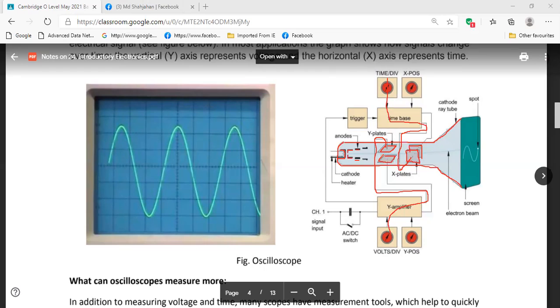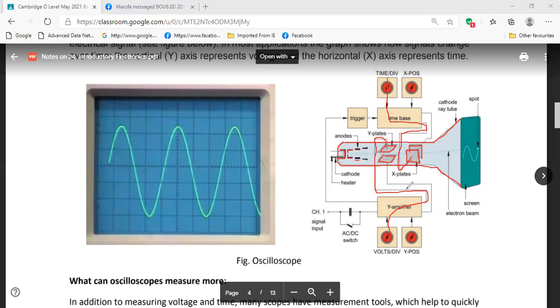Sir, can you explain the use of Y plates and X plates again? Yeah, X plates and Y plates are used. You see here it's written time per divisions, right? And it's written here voltage per divisions, right?